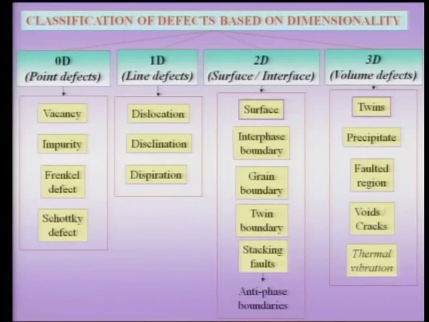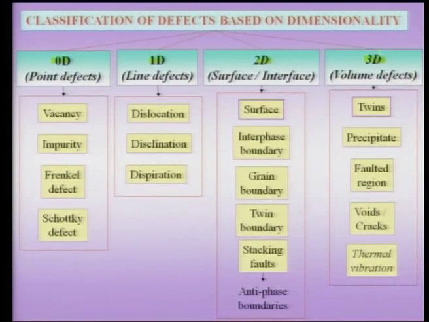So we could have 0-dimensional defects, 1-dimensional defects, 2-dimensional defects, and 3-dimensional defects. Again, as we know, dimension is really a geometrical kind of definition. In other words, when I am saying 0D, I do not really mean 0-dimensional. What I mean is point like.